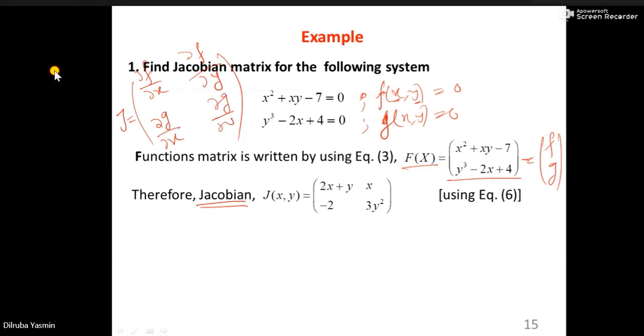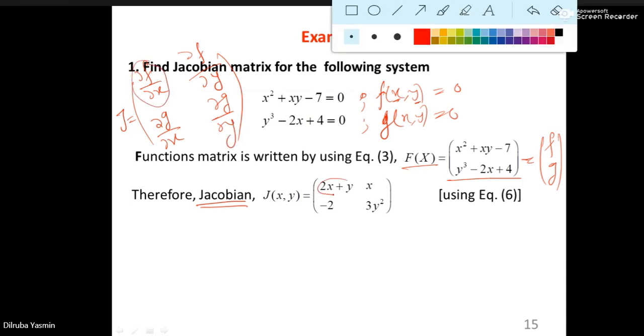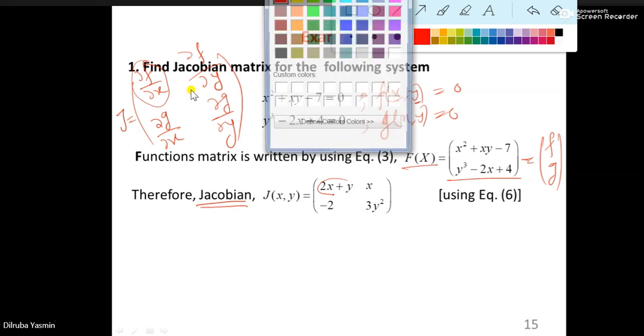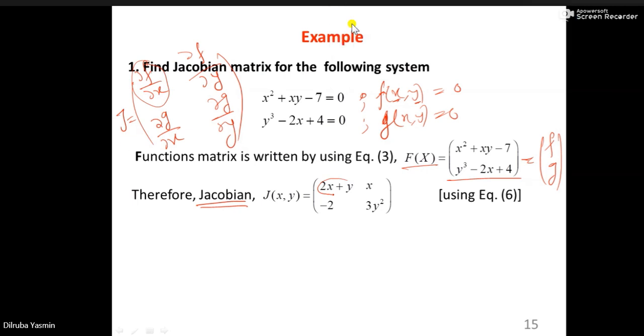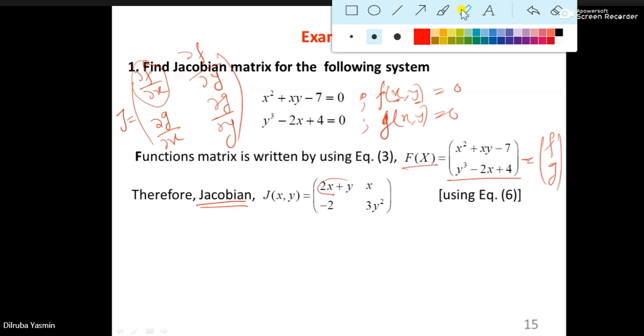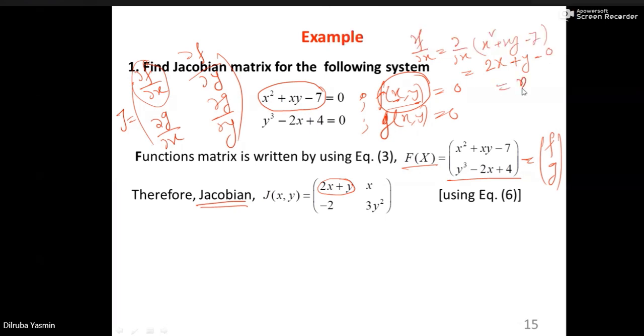If you do this operation, you will get this. So what do you get from here? 2 times x plus y minus 0. So you can get from here 2 times x plus y.